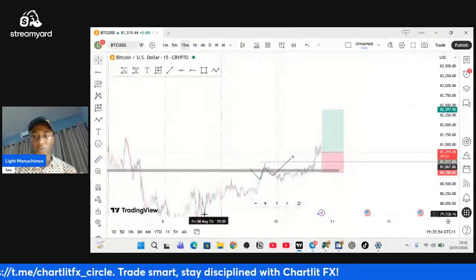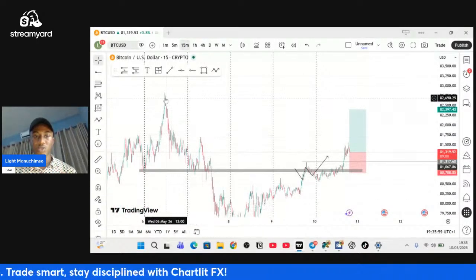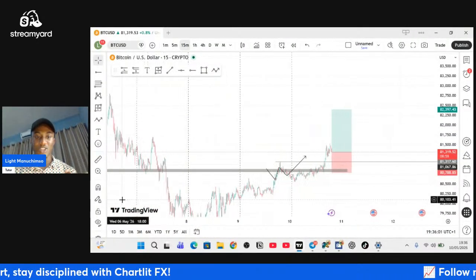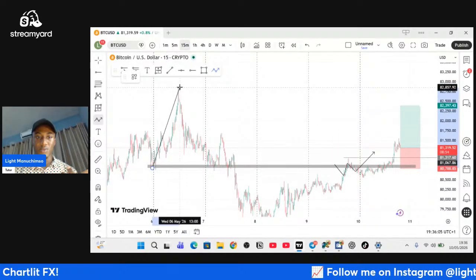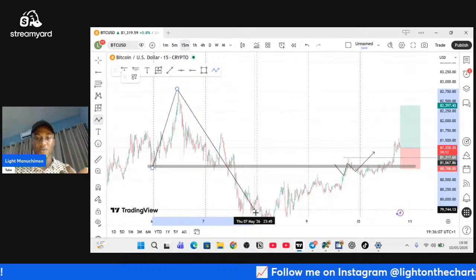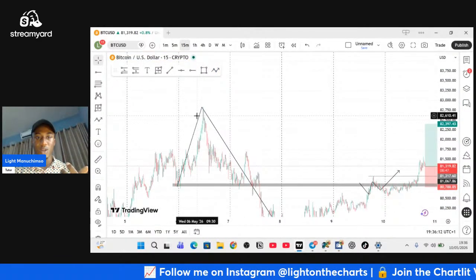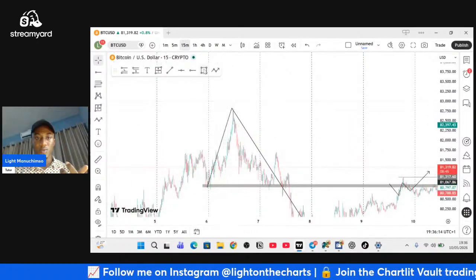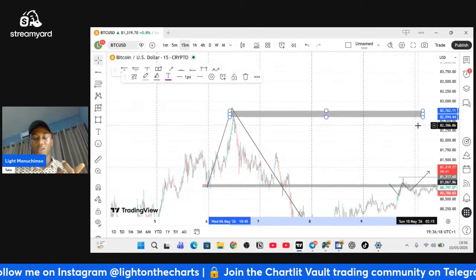Now, how do I set my take profit? You can see this zone right here, this rejection, this drop. This created a very, very massive drop with momentum. So I mark it out. This is where my take profit level should be.